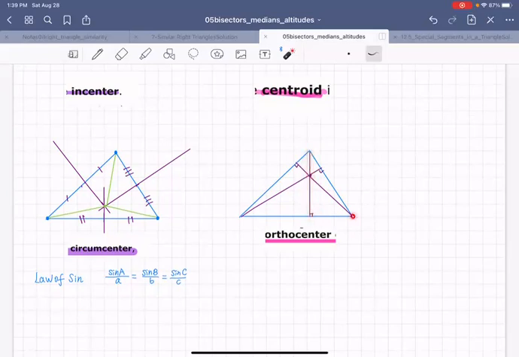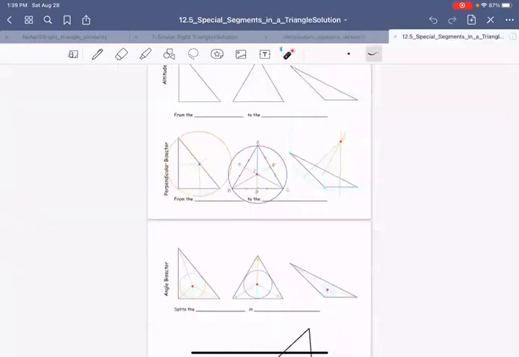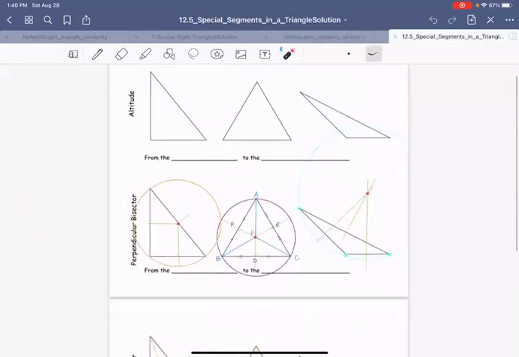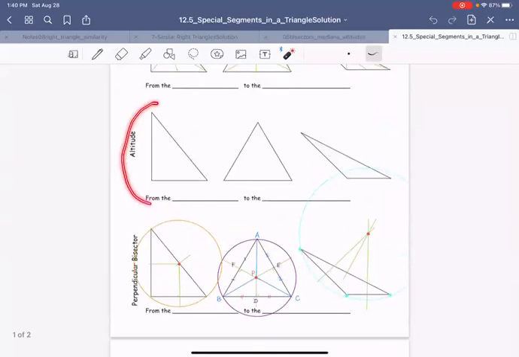You draw this guy perpendicular to this line, and the same way here. These three perpendicular lines will meet at one center. That center is called the orthocenter. Okay, orthocenter.